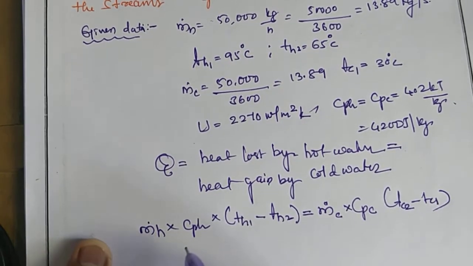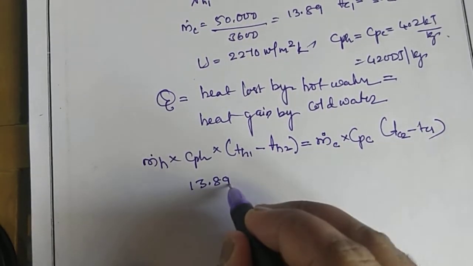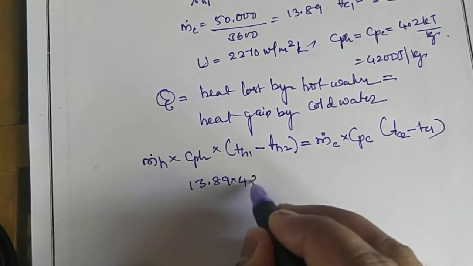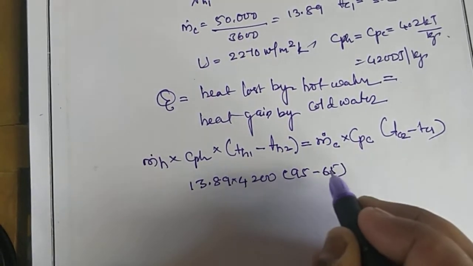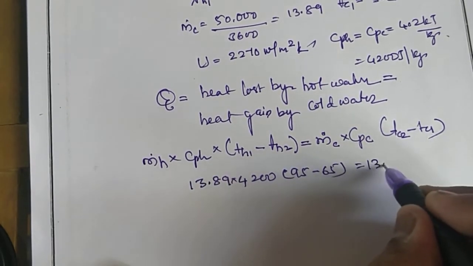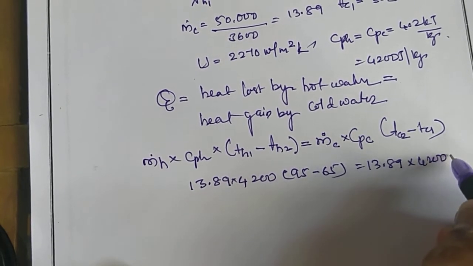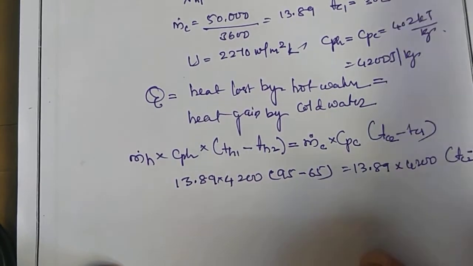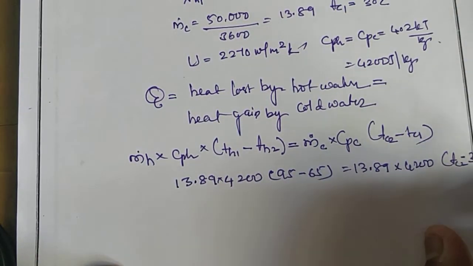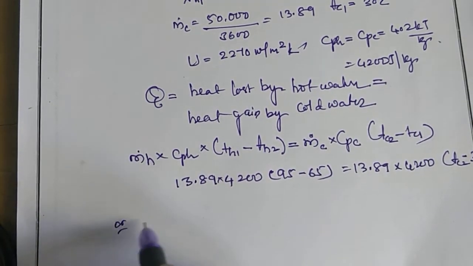So 13.89 times 4200 times (95 minus 65) is equal to 13.89 times 4200 times (Tc2 minus 30).